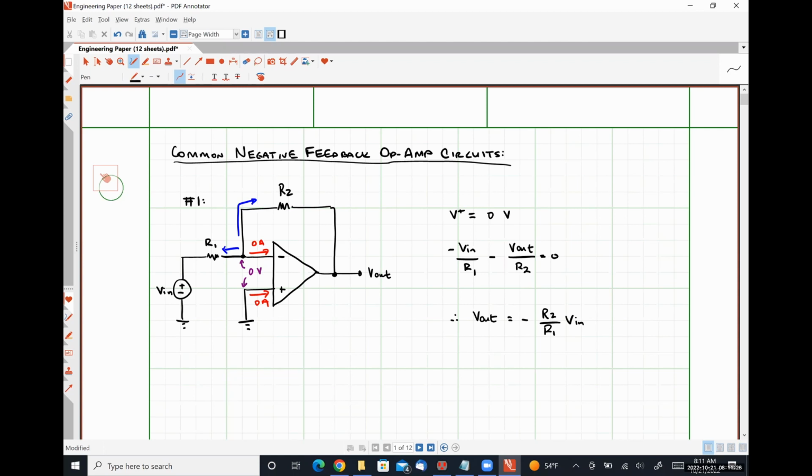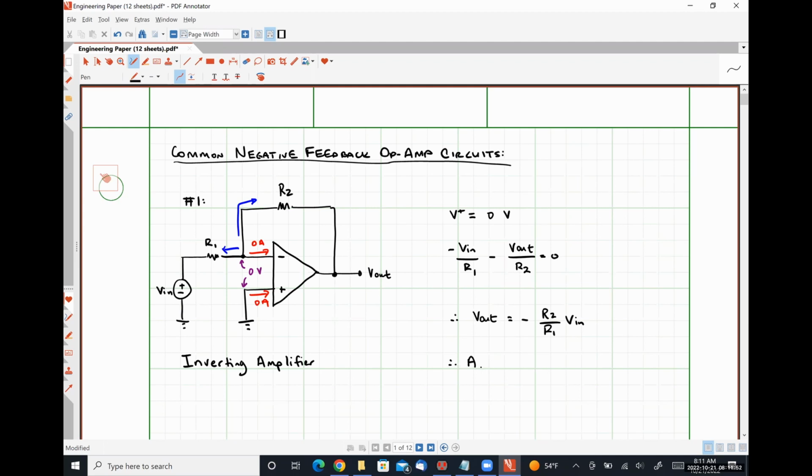So this amplifier is what's known as an inverting amplifier. It is an inverting amplifier because a positive input signal generates a negative output signal. And the voltage gain of this circuit, so let's define what that is.